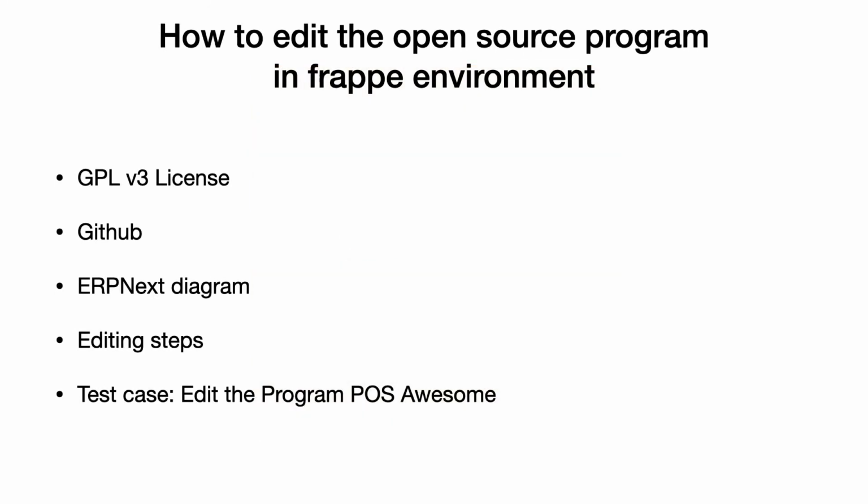In order to learn how to edit the open source program in Frappe environment, we need to have some concepts for you to understand first. So in this tutorial, we're gonna cover the GPL v3 license, GitHub, that is the tool that can make you edit the program, the ERPNext software diagram, and then the steps that we're gonna use to edit the software.